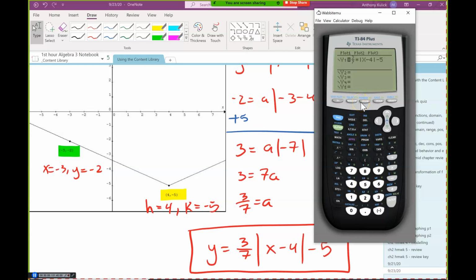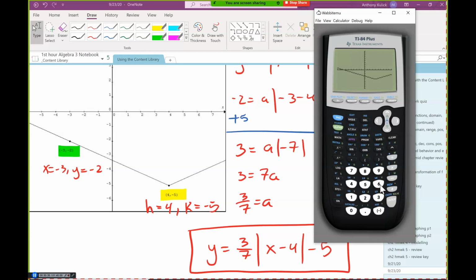And then to get the picture, probably the best way to do that is to press zoom and pick ZStandard. And what we have there is pretty convincing evidence that we have the correct equation, right? It's actually identical to the location that we're seeing on our sheet of paper.